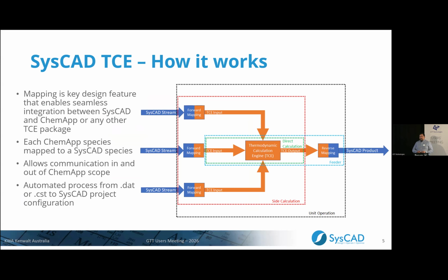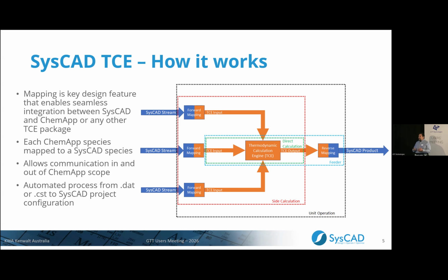Therefore, it's important to have some kind of mechanism that allows all of these TCEs, even ChemApp on its own, to communicate with the SysCAD native stream definition. We use our own SysCAD database and species definition, and sometimes the database that we use in one process model might be larger than what is included in the CST file that we need for ChemApp.